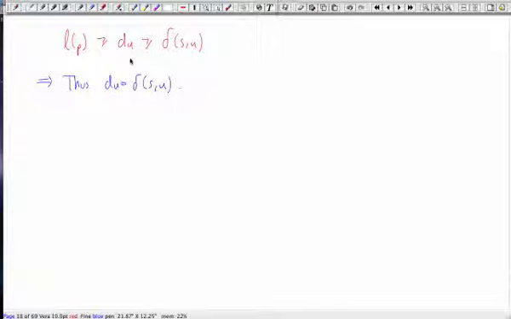We know that du has to be greater than or equal to delta SU. That's what we've proved before. And in fact, we're going to use some of the other line numbers for that part of the proof. And now we've shown that the length of P is greater than or equal to du for every single path.